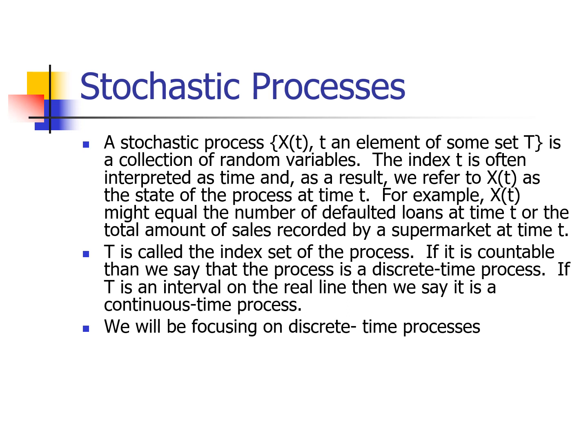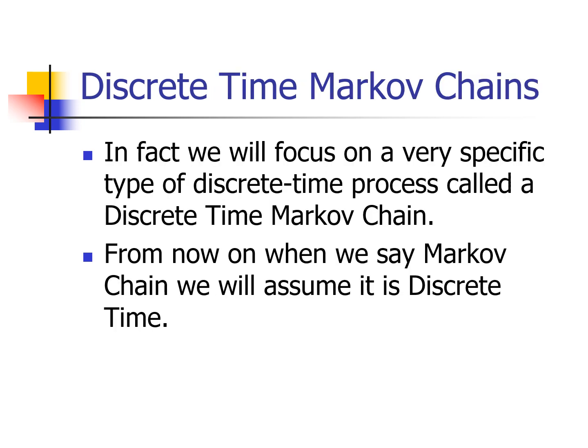We're not going to focus on it, but you can have continuous time stochastic processes where you measure time continuously, so it's not just 0, 1, 2, but in theory 2.759132. Like the third bullet point says, we're going to focus on discrete time processes. We're actually going to focus on a very specific type of discrete time process, one that's called a discrete time Markov chain, which we'll abbreviate to just Markov chain.